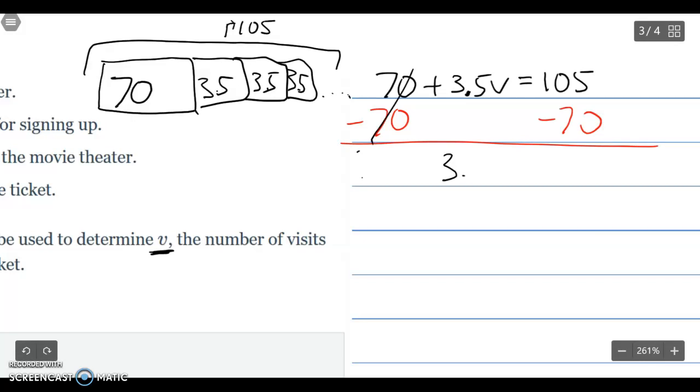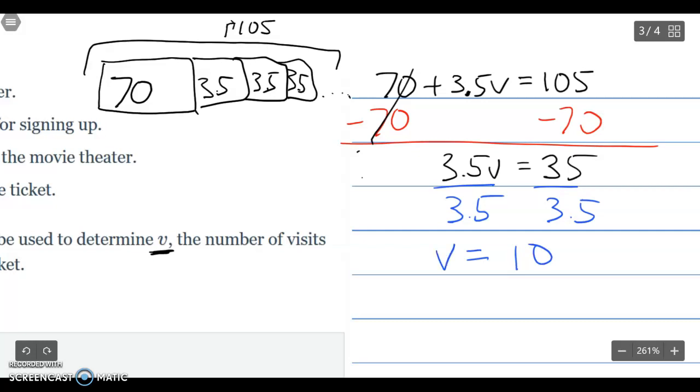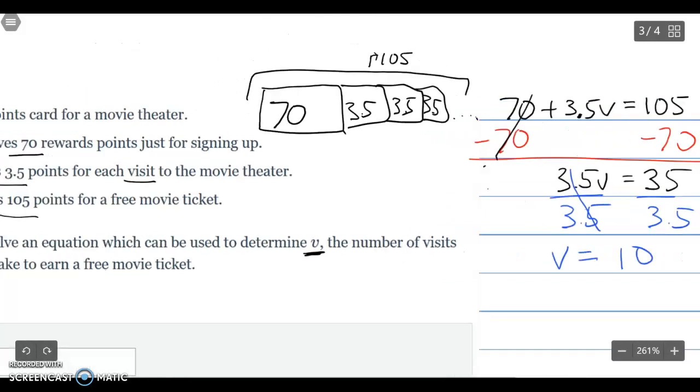We get 3.5 V. 105 minus 70 is 35. And then we divide by 3.5. And then V is equal to 10.